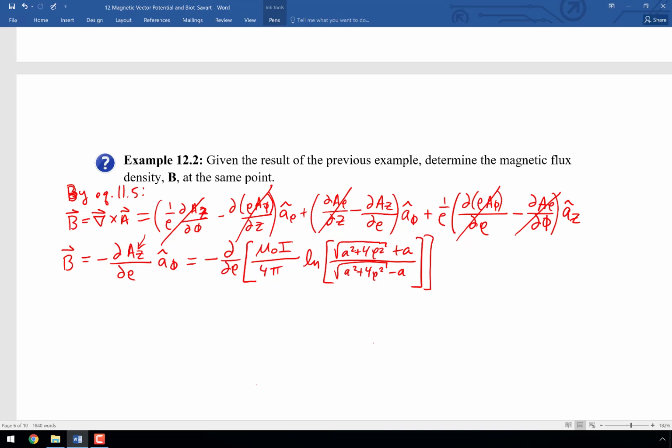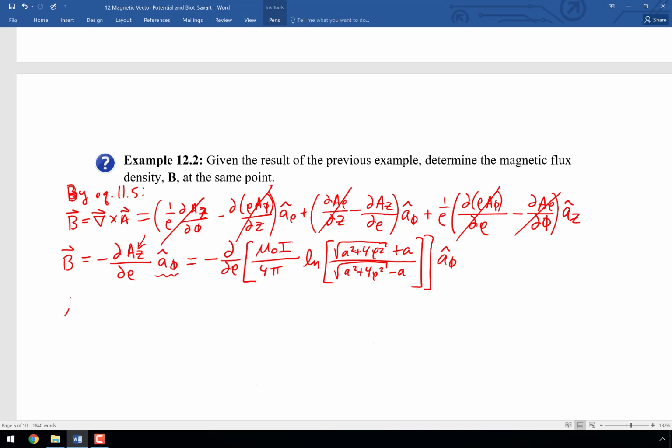Well, some parts of it are going to be easy and some parts of it are going to be hard, and I can make the harder parts a little bit easier. Oh, I did forget this a sub phi right here. Must not forget that. I can make the difficult parts a little bit easier by using some substitutions. So let me just quickly make an observation here, and that is that this a squared plus 4 rho squared, that looks like it's something that I'm going to want to substitute.